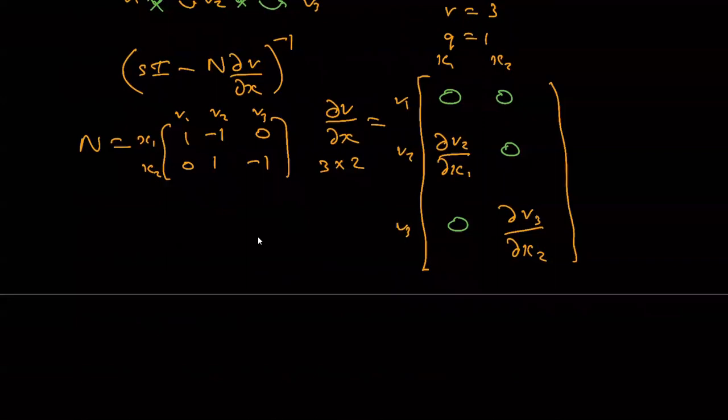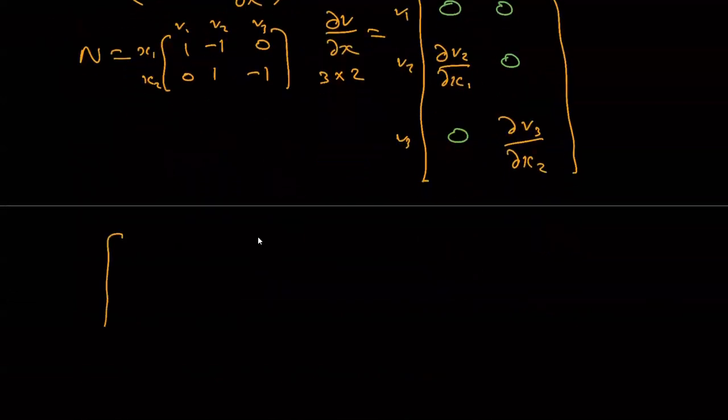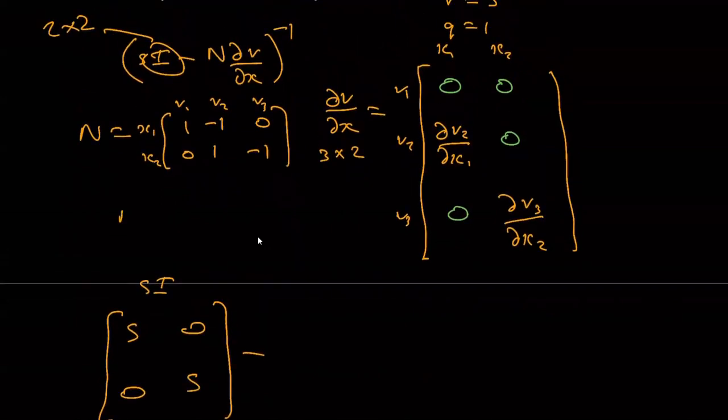First of all, what is I? I will be a 2 by 2 identity matrix multiplied by s, so that gives me s, 0, 0, s. That's sI minus the matrix. Now we do the n dv dx. The first one: 1 times 0 plus minus 1 times that plus 0 times that, so that's minus dv2 dx1.